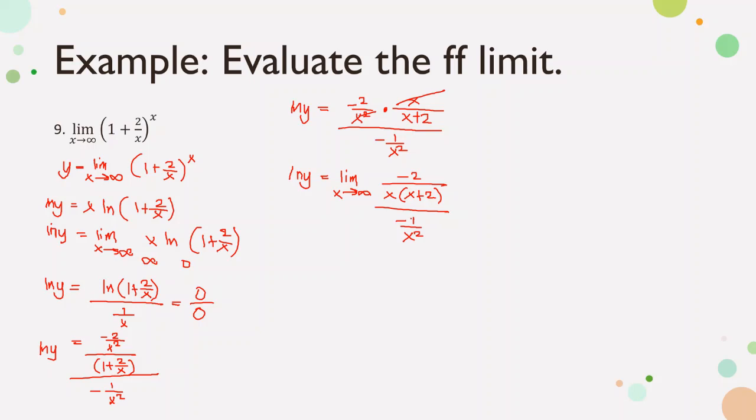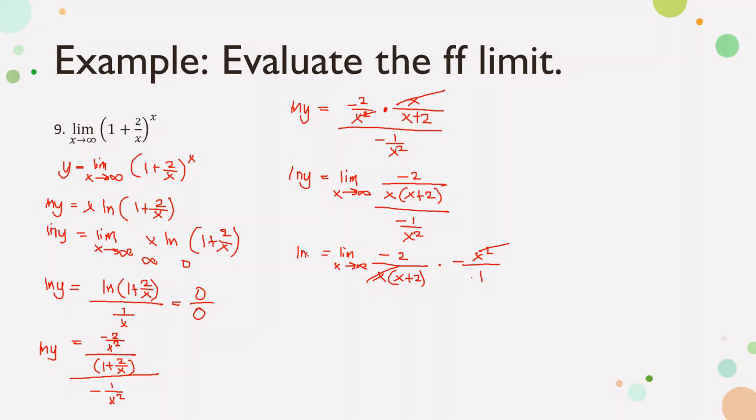Let's divide this one by multiplying with the reciprocal. So we have negative 2 over x times x plus 2, times negative x squared over 1. So cancel one of the x here.